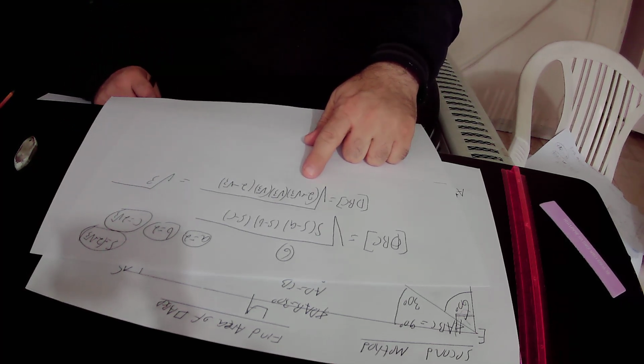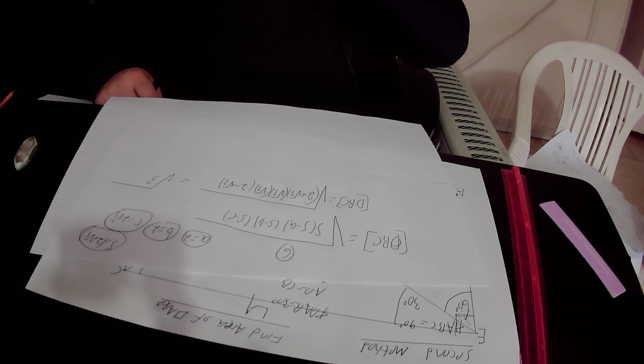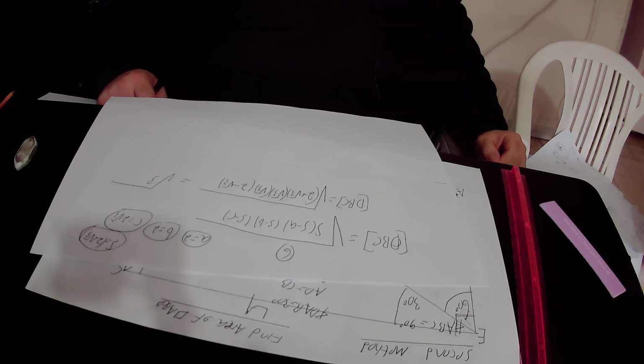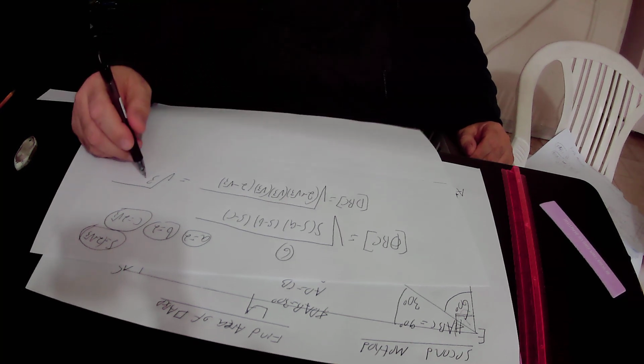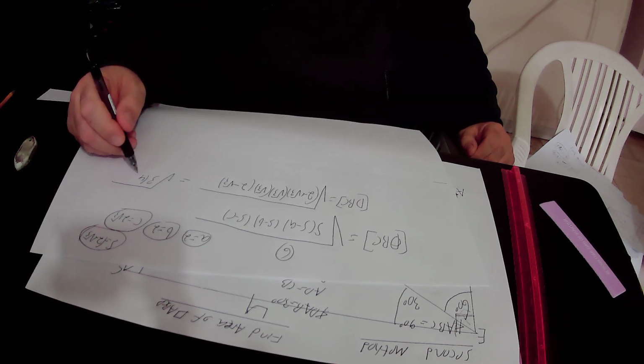And it equals the square root of square root of 3 times square root of 3, which is 3, and 2 plus square root of 3 times 2 minus square root of 3. We'll use the algebraic identity that states that A plus B times A minus B equals A squared minus B squared. Here A is 2 and B is square root of 3, so A squared is 2 squared, which is 4, minus B squared, where B is square root of 3, and square root of 3 squared is 3.